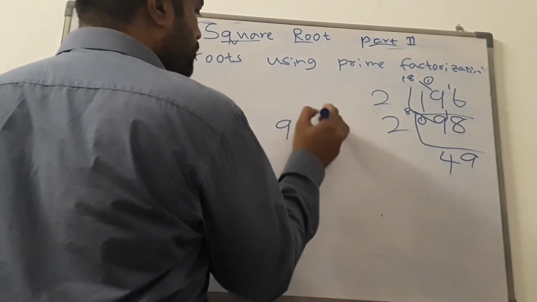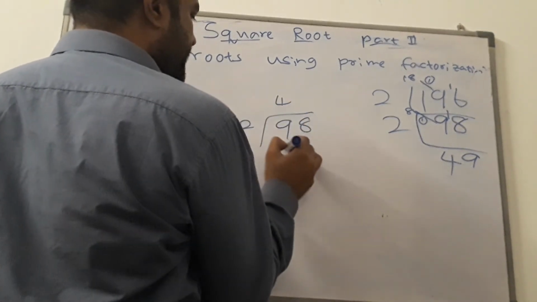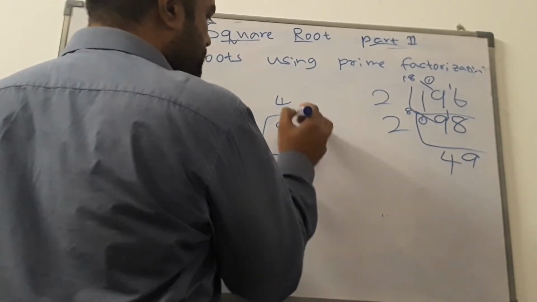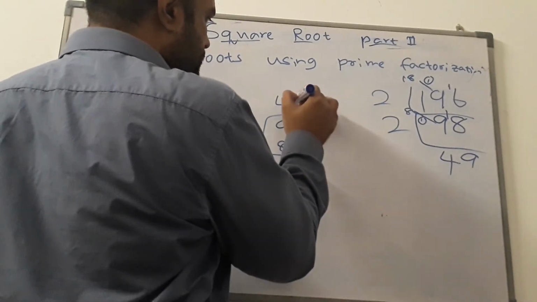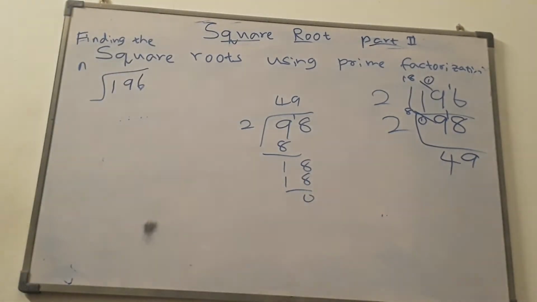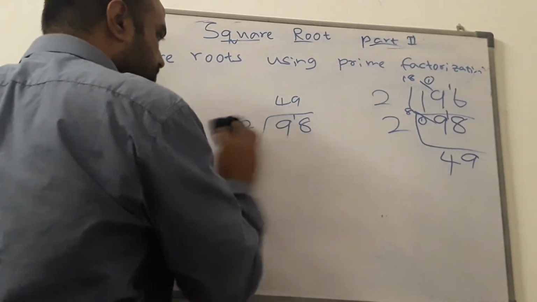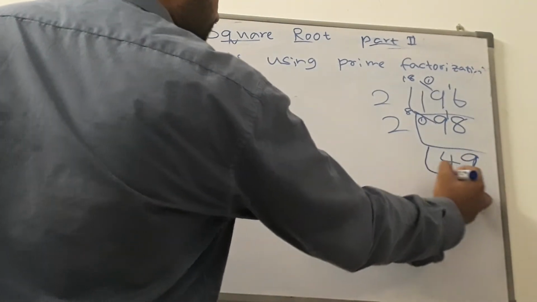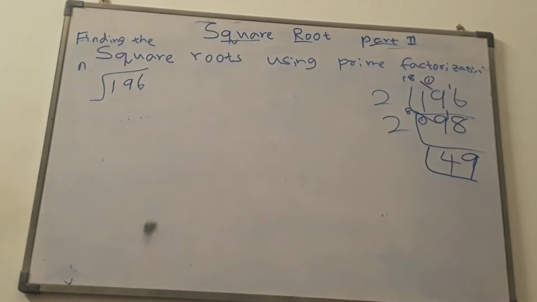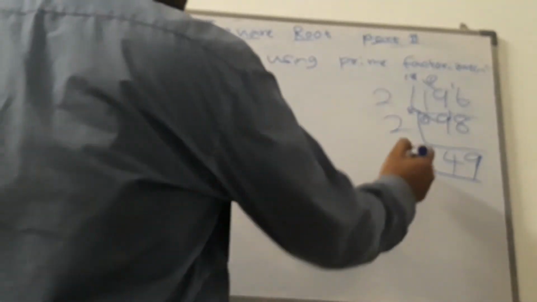If we divide 98 by 2, we get 49. Can we divide 49 by 3? Next prime factor. Can't, right? Neither by 5 nor by 3. What is the next prime number? 7.